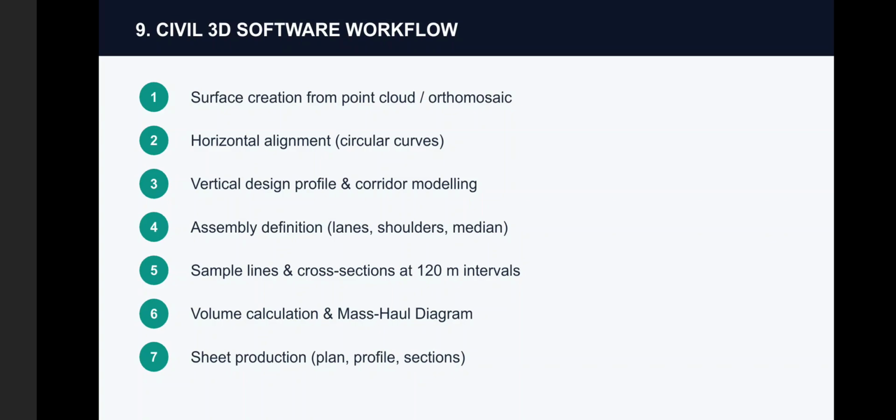The workflow consists of surface creation from point cloud, horizontal alignment, vertical design profile and corridor modeling, assembly definition, sample lines and cross sections at 120-meter intervals as identified from the project scope, volume calculation and mass haul diagram, sheet production, which were plan views, profiles, and section views.